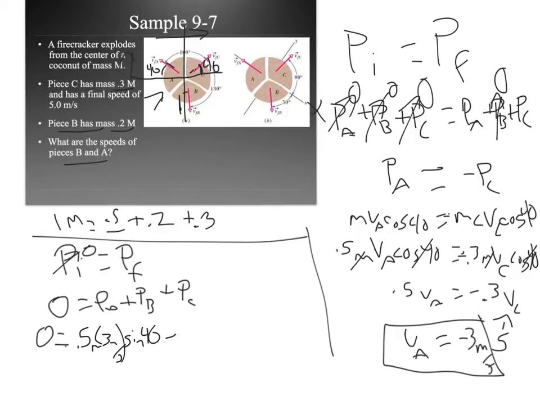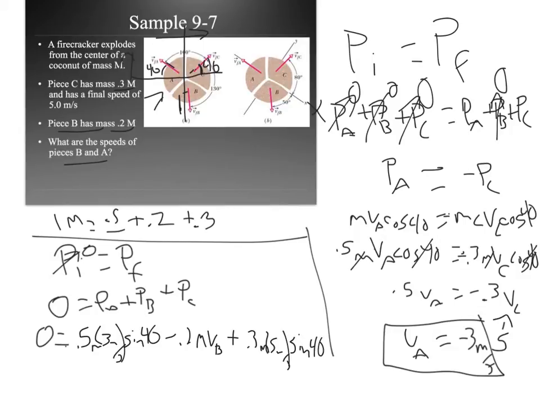For B it was 0.2 m, and we don't know the velocity, we want to find that. And then finally for C, it's upward, so it's positive. It had a mass of 0.3 m, a velocity of 5 meters per second, and it was also at an angle upward.